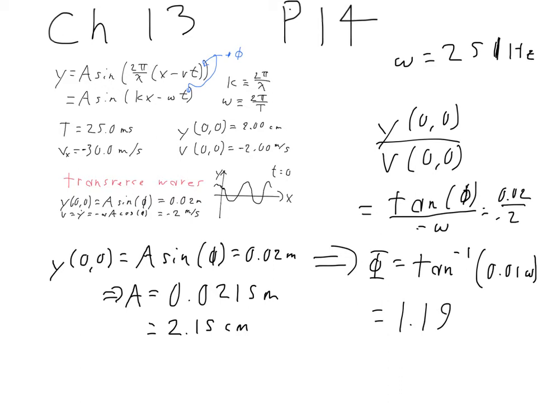So the next thing, though, if we want to fill out completely either of these equations, we have amplitude, we have the phase constant, we know what the velocity is because we're given that, but we need to figure out a few more things. Also, we are asked to find the maximum transverse speed.